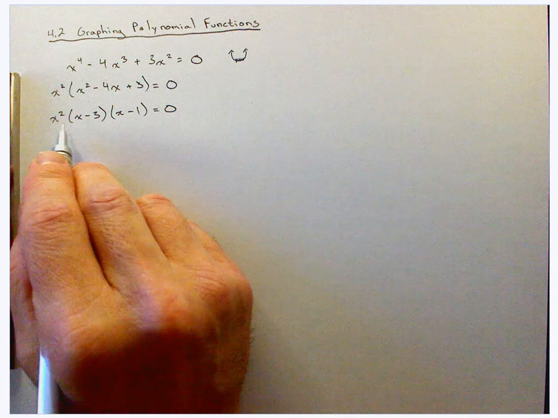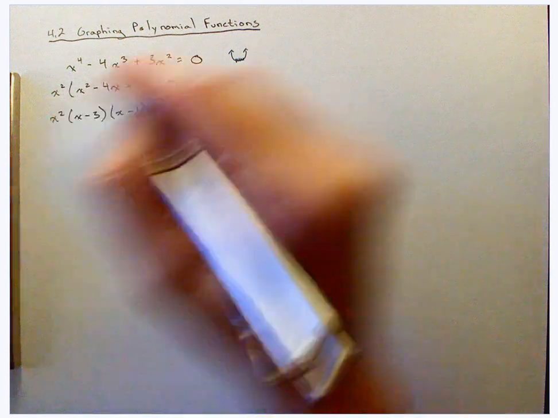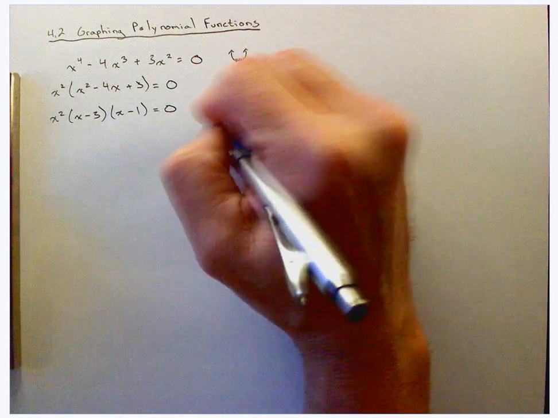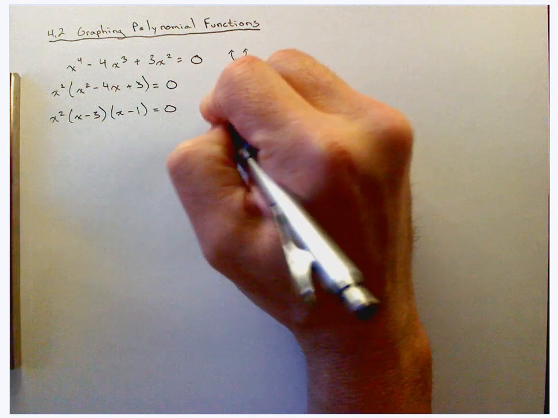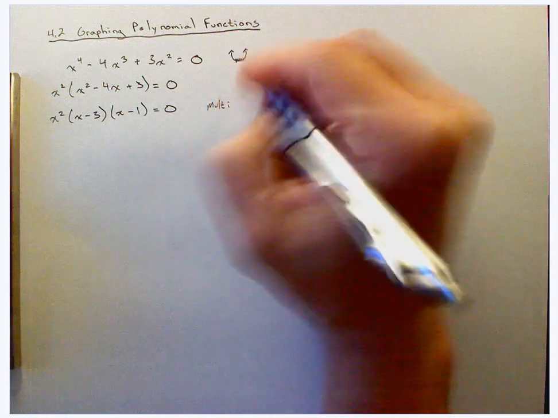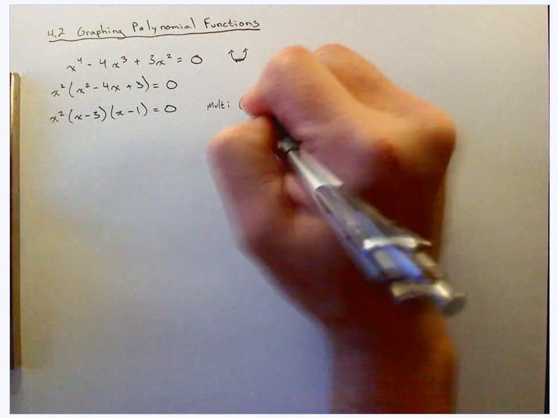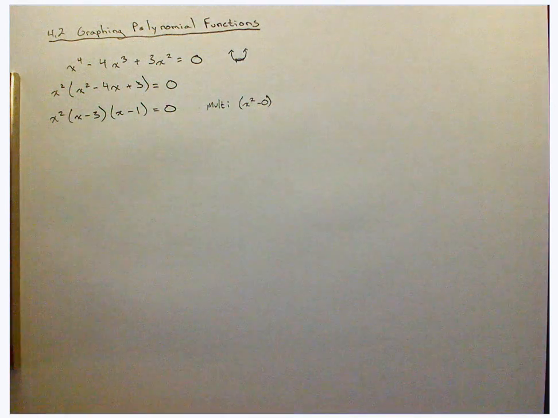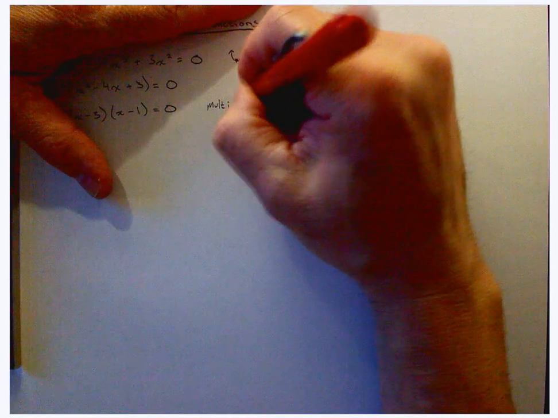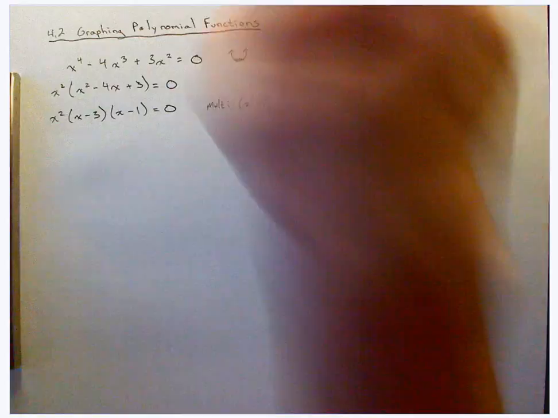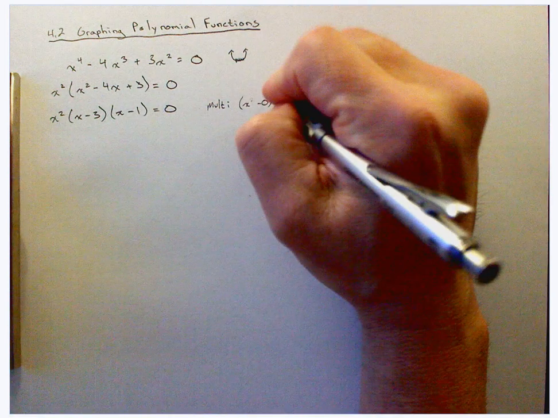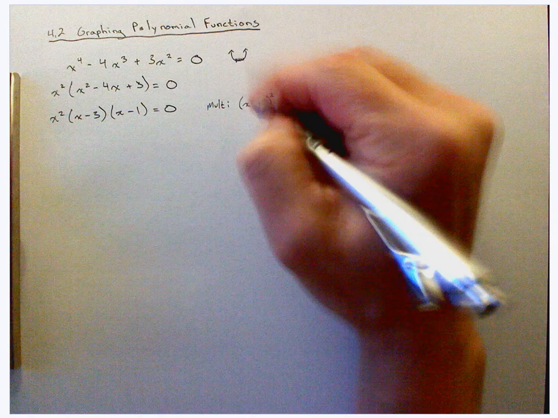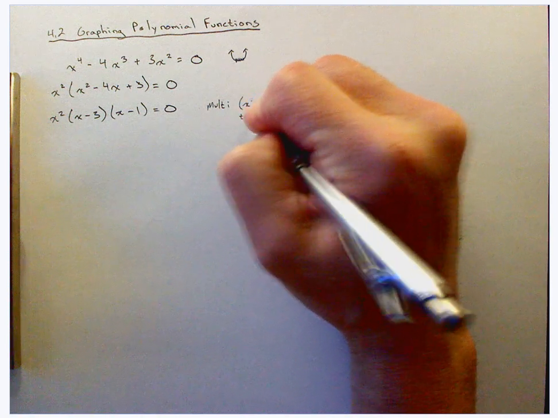I know that I have a multiplicity of 2 here because I'm going to write this over to the side. I know that this is actually x minus 0, squared. That's how I can write that so it follows our form. And that's a multiplicity of 2. It's even, so therefore this one is tangent.